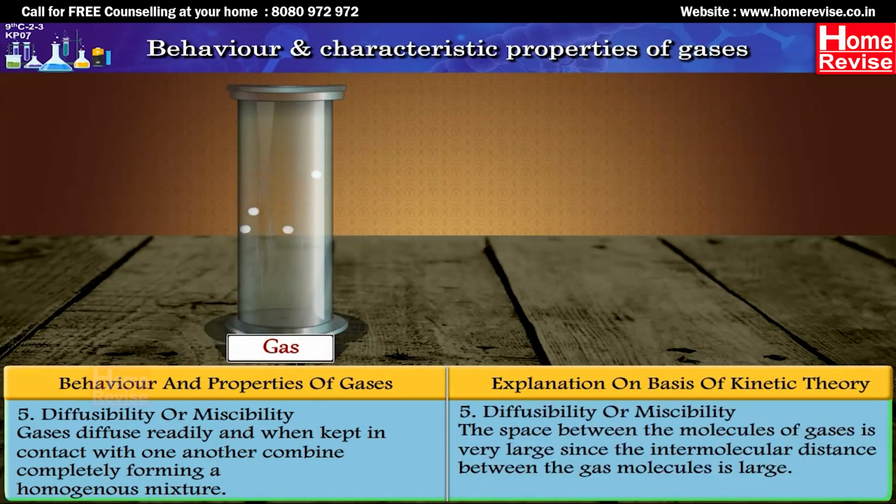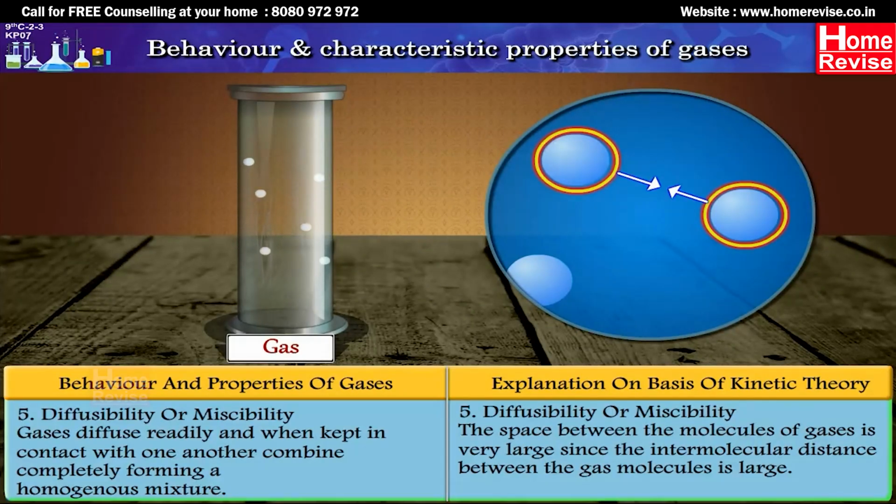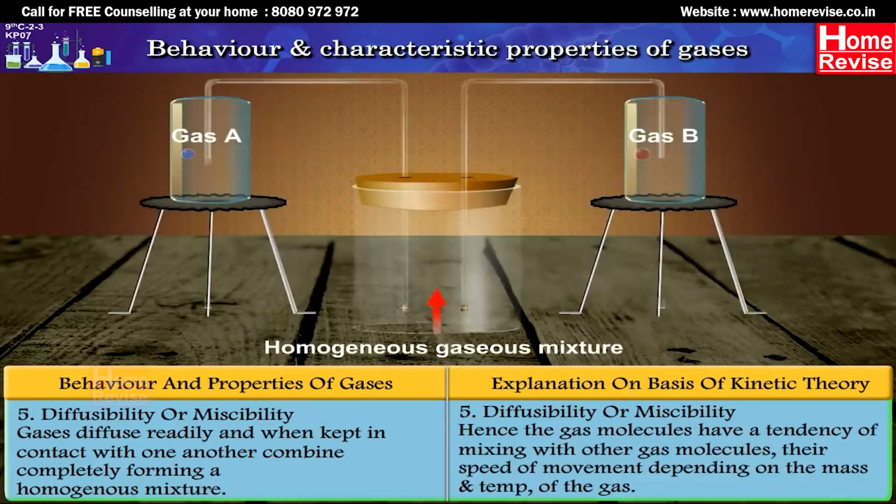The space between the molecules of gases is very large since the intermolecular distance between the gas molecules is large. Hence, the gas molecules have a tendency of mixing with other gas molecules, their speed of movement depending on the mass and temperature of the gas.